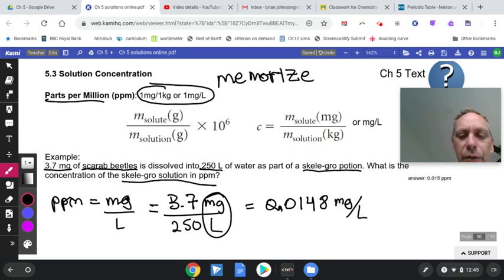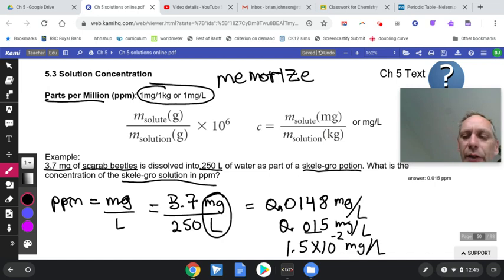And we are allowed 2 sig digs. I keep doing Q's, 0.015. If you like scientific notation, 1.5 times 10 to the minus 2. Minus because it's a small number. Bet you don't need to use scientific notation.